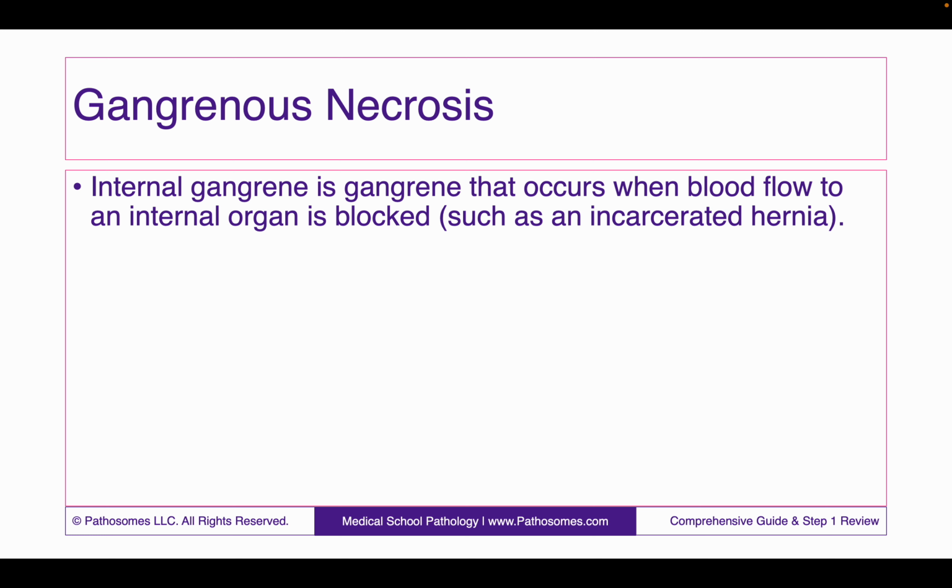Internal gangrene is gangrene that occurs when blood flow to an internal organ is blocked, such as an incarcerated hernia, obstruction of the small bowel due to looping in upon itself, things of that nature.